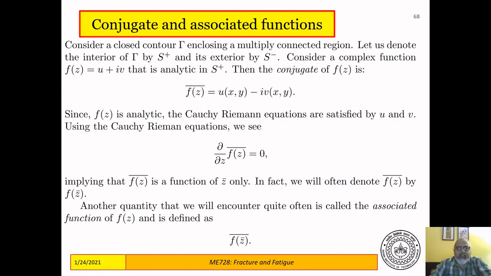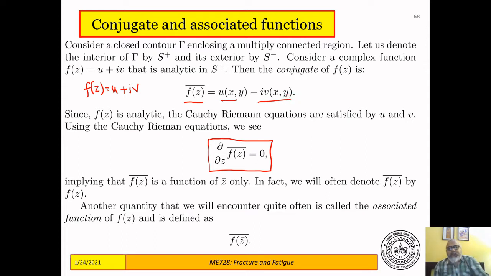They have some more properties. One of the properties is this. Let us see what this means. So to do this, let us define a function which is the conjugate of f. So the conjugate of f, remember f(z) is u plus iv. So f bar(z) is u minus iv. Okay.